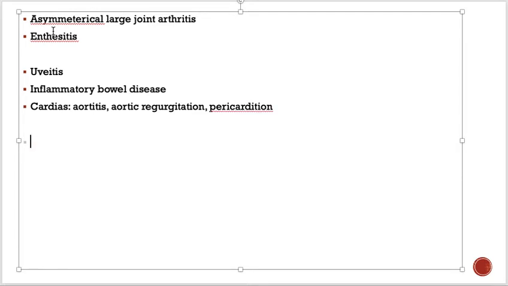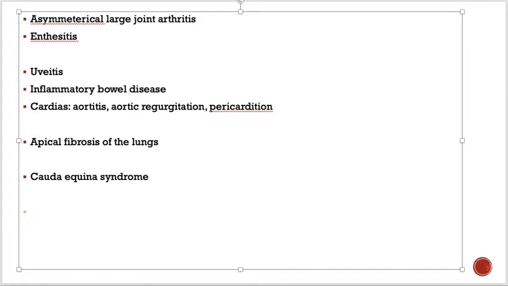Ankylosing spondylitis can give apical fibrosis of the lungs, and in very severe cases they may develop cauda equina syndrome because the spinal cord gets affected as well. So these are some of the features.